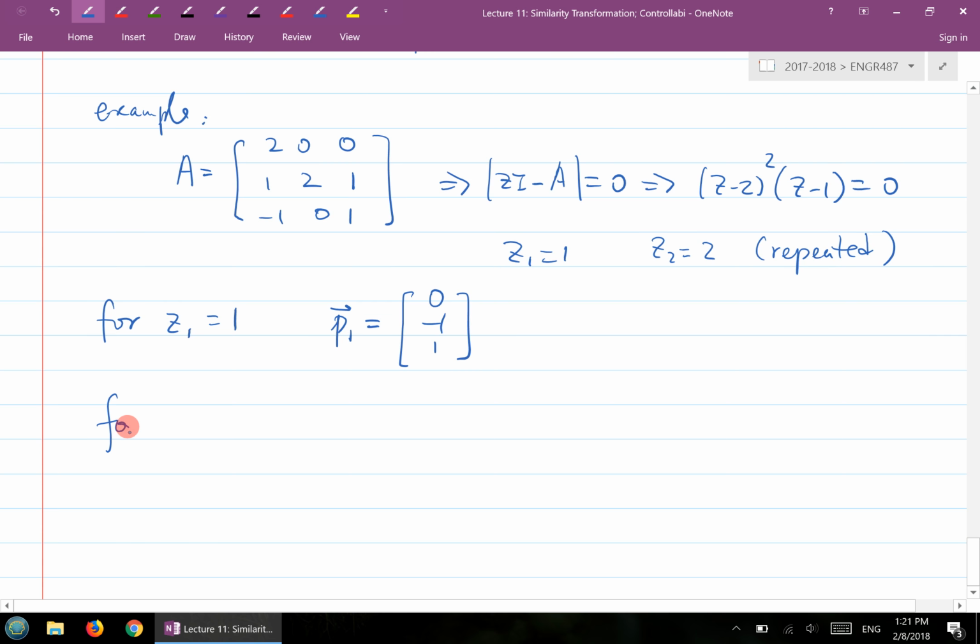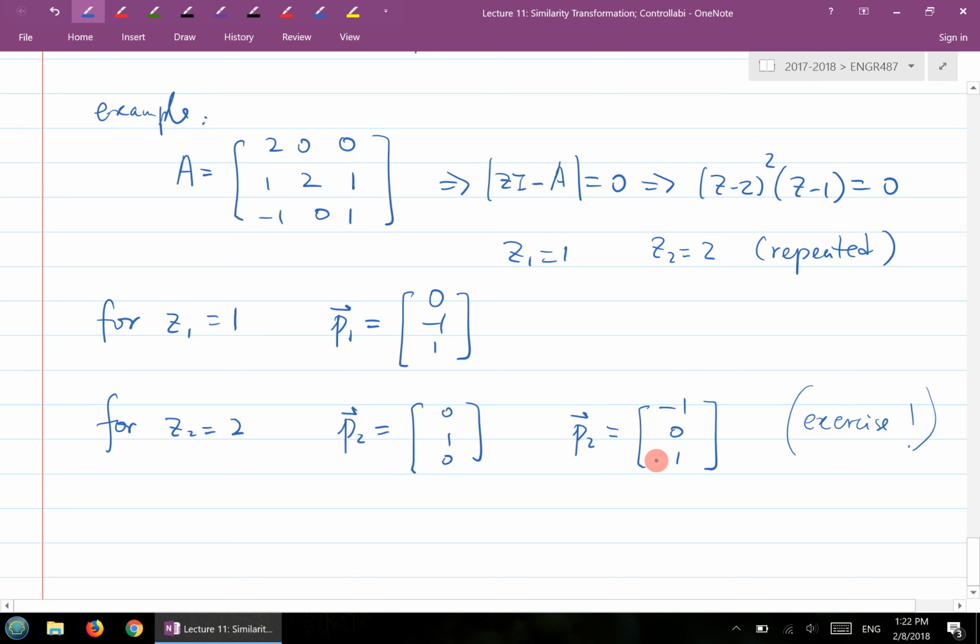If we look at z2 equal to 2, we'll be able to find two eigenvectors. I want you to try the exercise yourself: see if you can find this p2 and this p3.